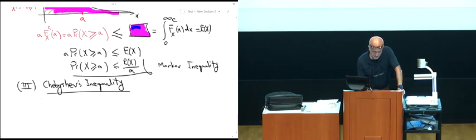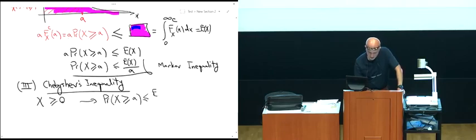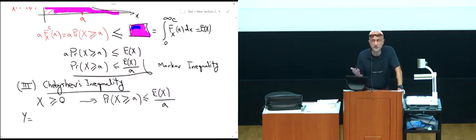So suppose I have a random variable X that's non-negative, and I know that this is true about X. Now I'm going to define a random variable Y. There's nothing sacred about X; X can be any non-negative random variable.